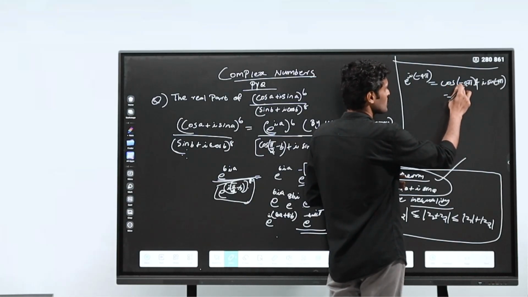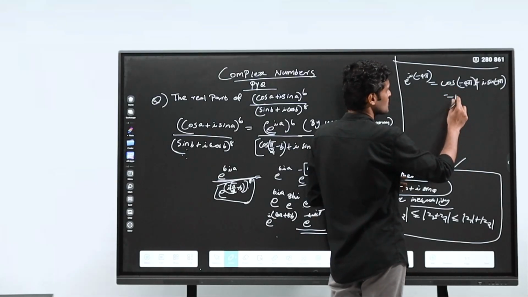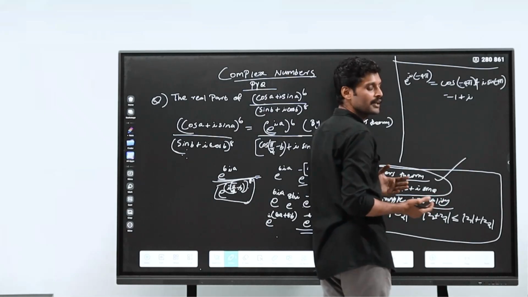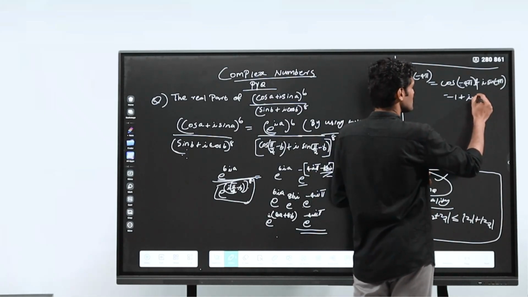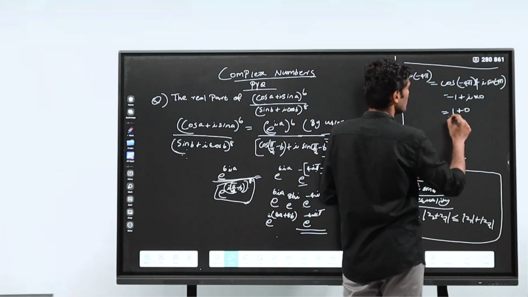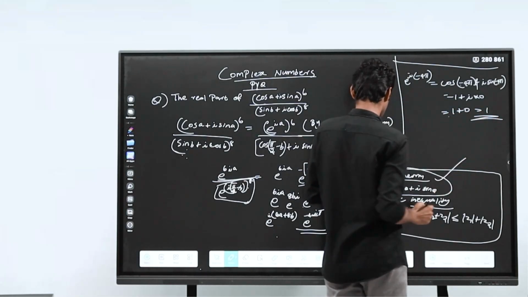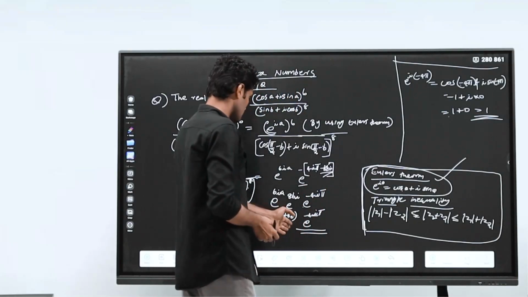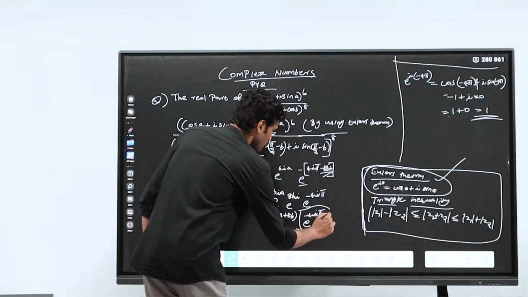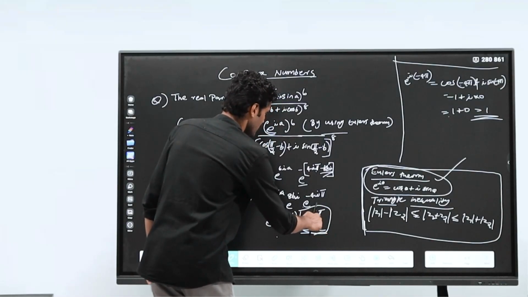Here there is also a minus, that is minus minus 1 plus i into sin of minus 4 pi. Sin n pi is 0. So that is plus 1 plus 0 equal to 1. So in this expansion, we got that the value of e raised to minus 4i pi is 1.